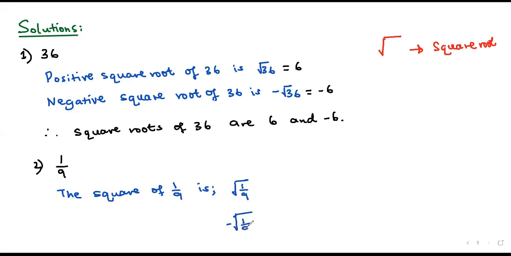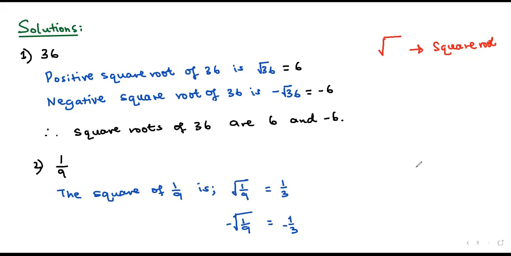So what is the positive square root of 1 out of 9? Square root of 1 is 1, and the square root of 9 is 3. So the positive square root of 1 out of 9 is 1 out of 3. And the negative square root is negative 1 out of 3. You understand? Yes. Okay.